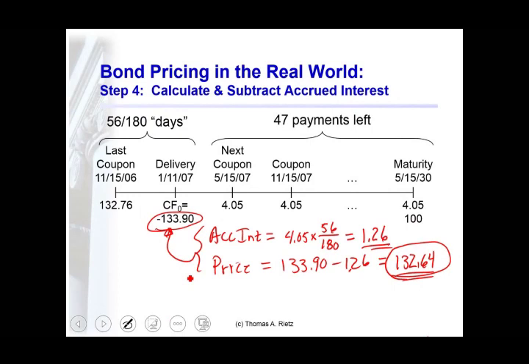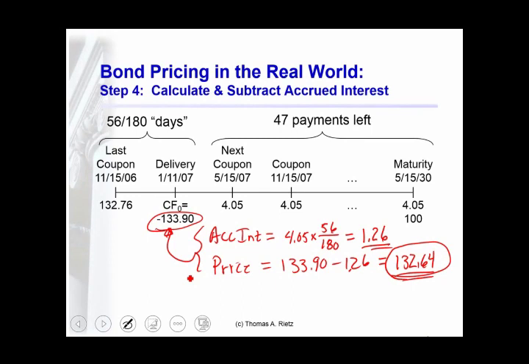Do you count actual calendar days, or do you use a convention like a 30, 360-day year? Do you divide the invoice price, the cash flow, into a separate accrued interest and price? If you accrue interest, is it simple, compounded by some period, or fractional compounding? Every one of these choices leads to a different convention, and there are many of them used worldwide.